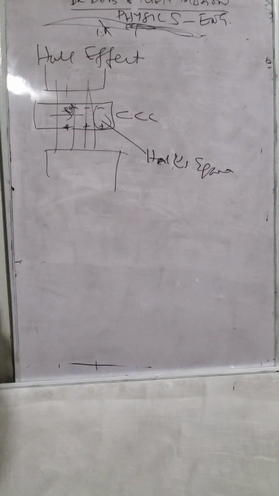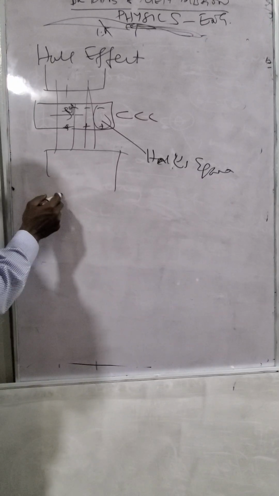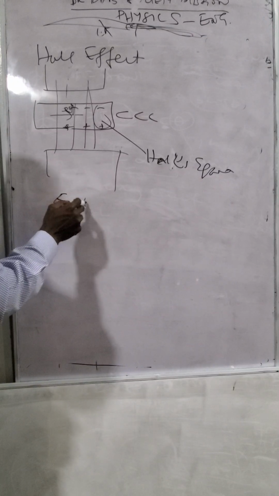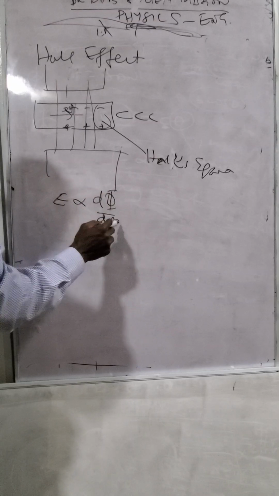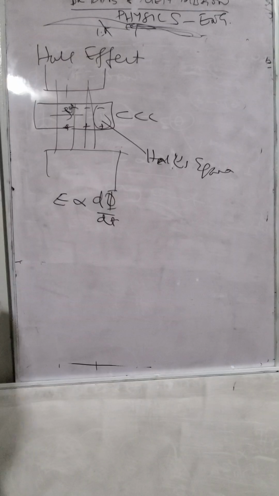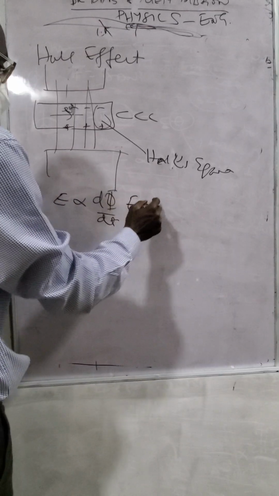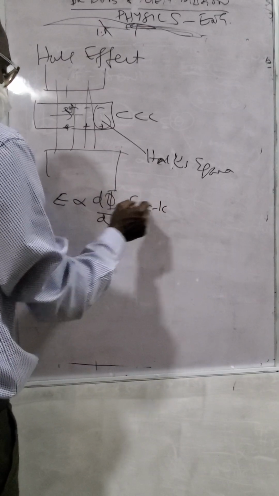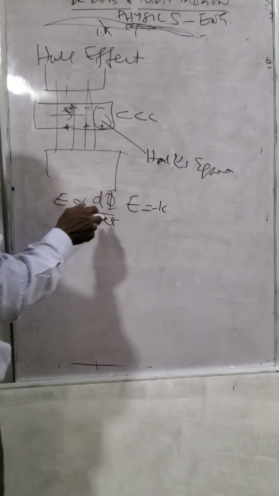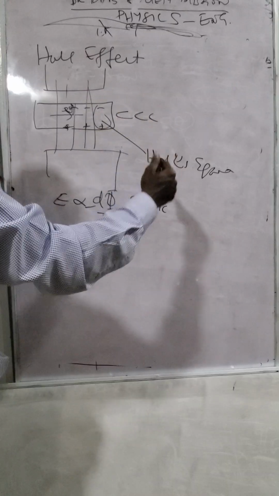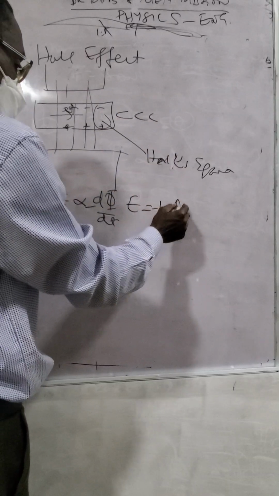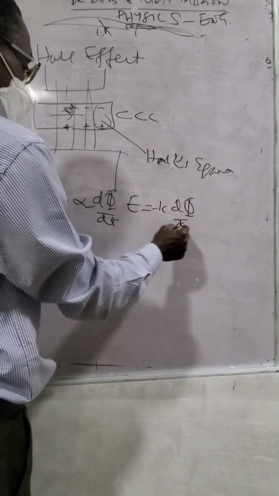It can be measured or calculated from the principle that the EMF set up is proportional to the rate of change of flux. Okay, this is E. Of course, this E should be equal to K, negative because it is decreasing, K dφ over dt.